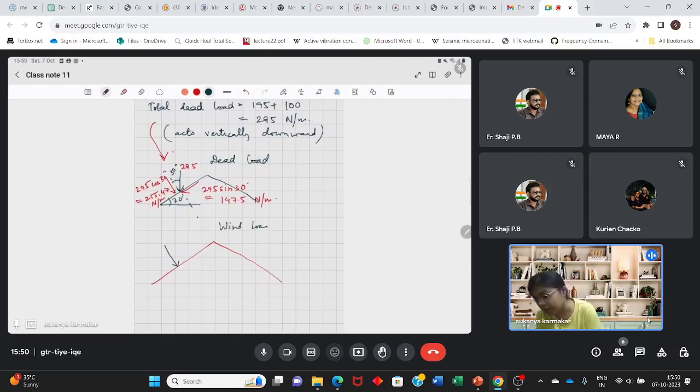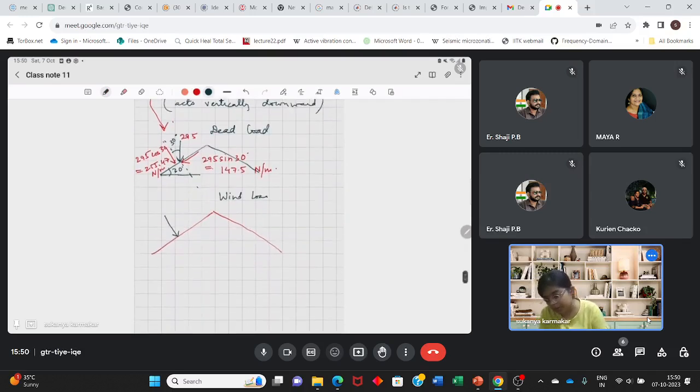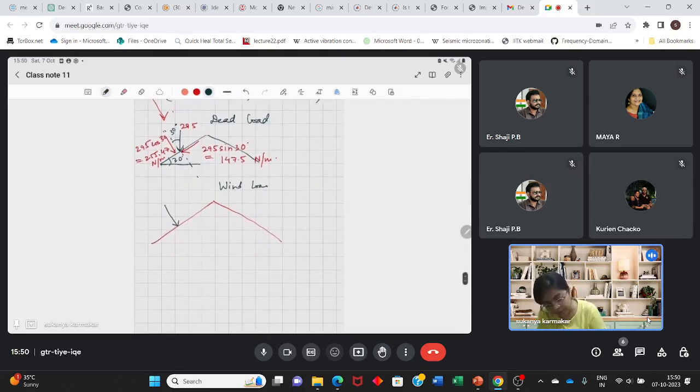Now we have to find the intensity of the wind load. The intensity of the wind load is 2 kilonewton per meter square, meaning this much Newton per meter square.